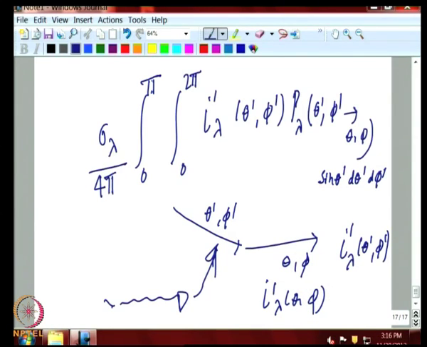So, you have to link the intensity of radiation at a given angle of interest to you to the intensity of radiation in any other direction that is there.